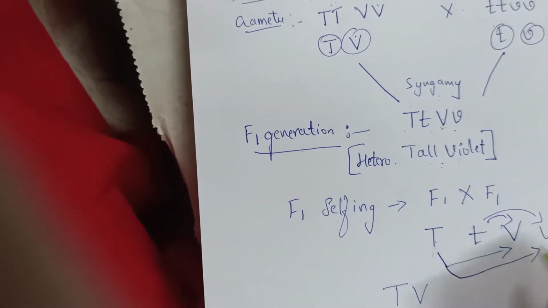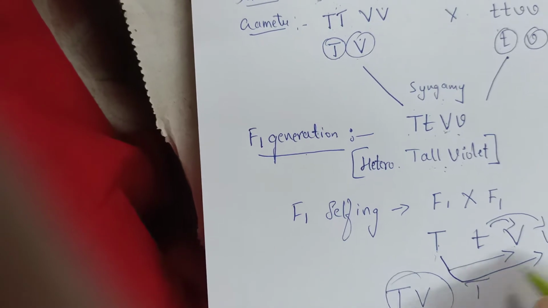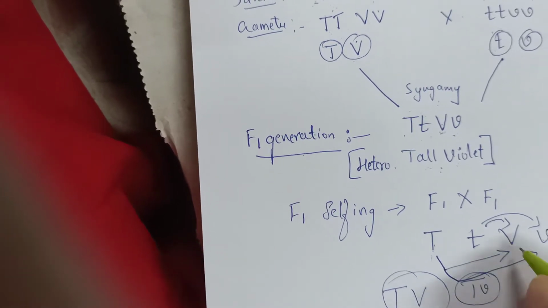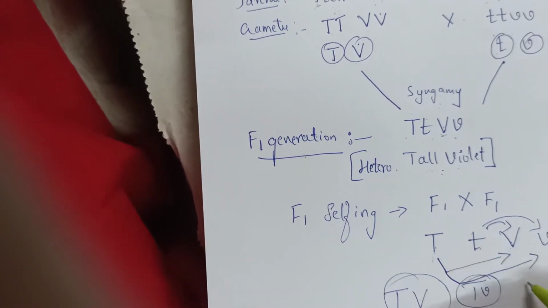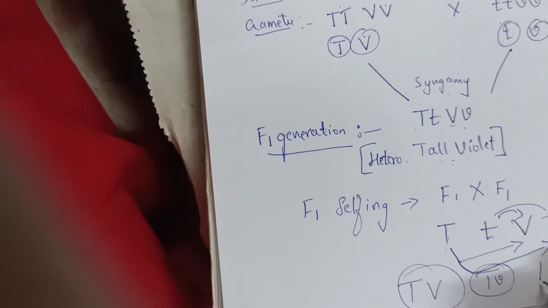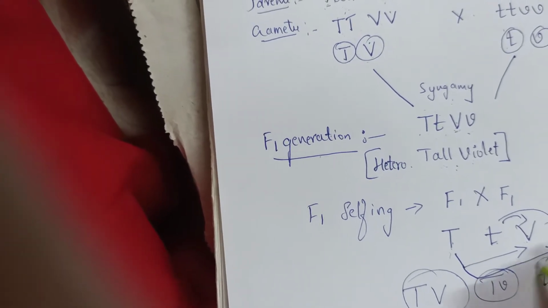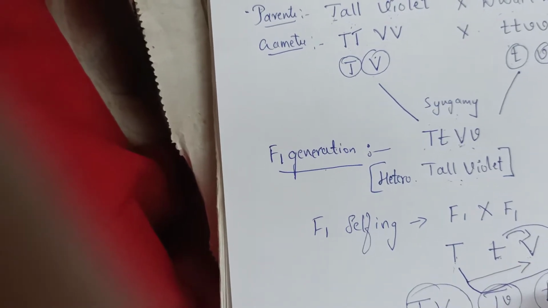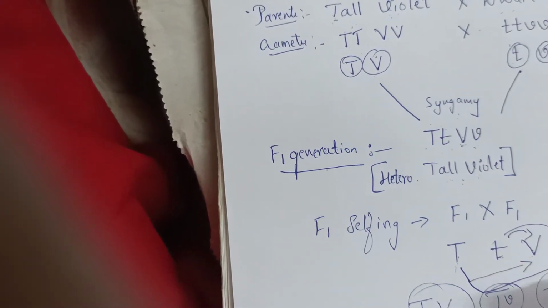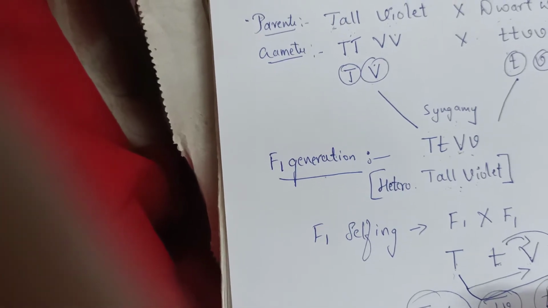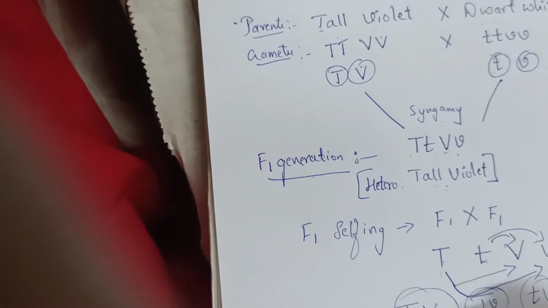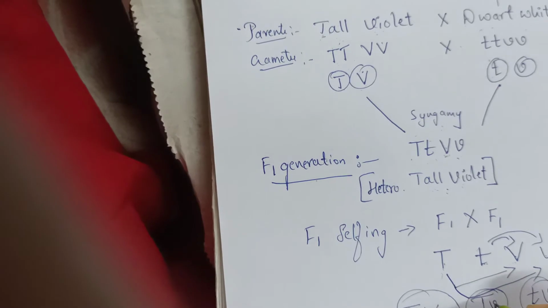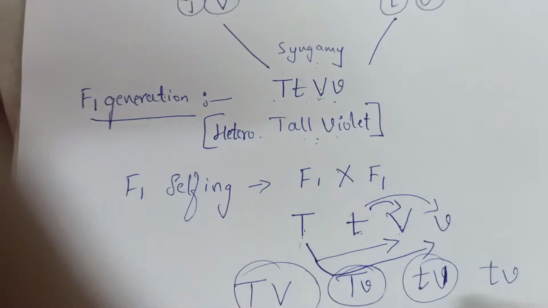So finally we'll get capital T with capital V. Then secondly capital T with small v. Then small t with capital V. Small t with small v. While writing capital V and small v, show some sort of difference or it will be confusing.